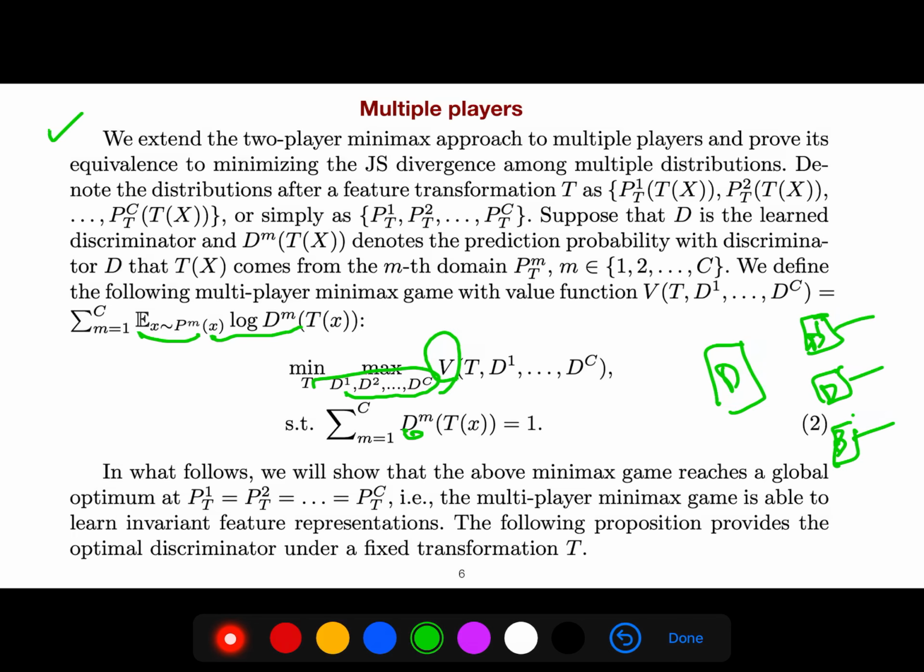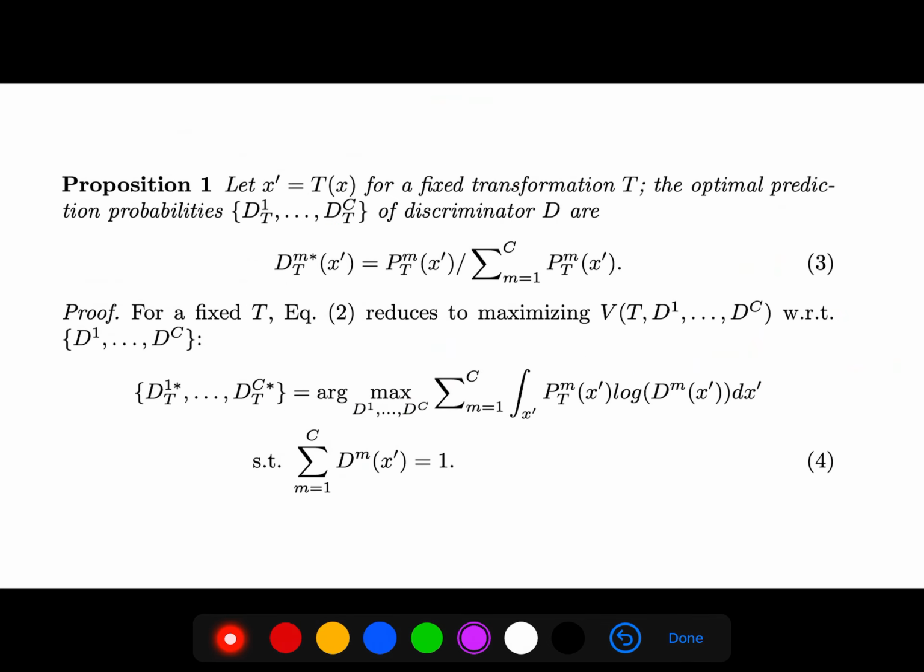And if you add the log of these domain discriminators of T, then of course we have a generator T here, the feature transformation. We call it a feature transformation. And then we try to fool the discriminator. So we minimize this T so that the maximization, so it's a minimax, but it's a multiplayer game.